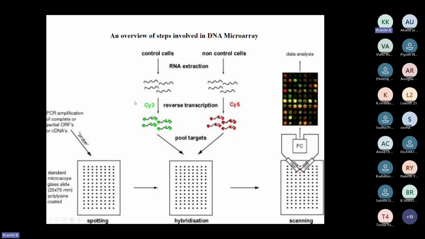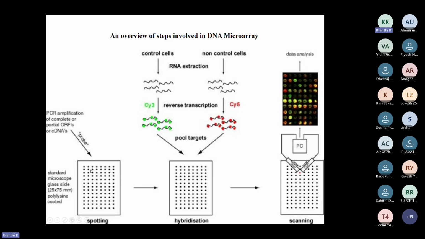Can you see this? There is one microarray, and we also call this a chip, like the electronic chips, right? What we are doing is punching thousands of DNA probes onto a chip.